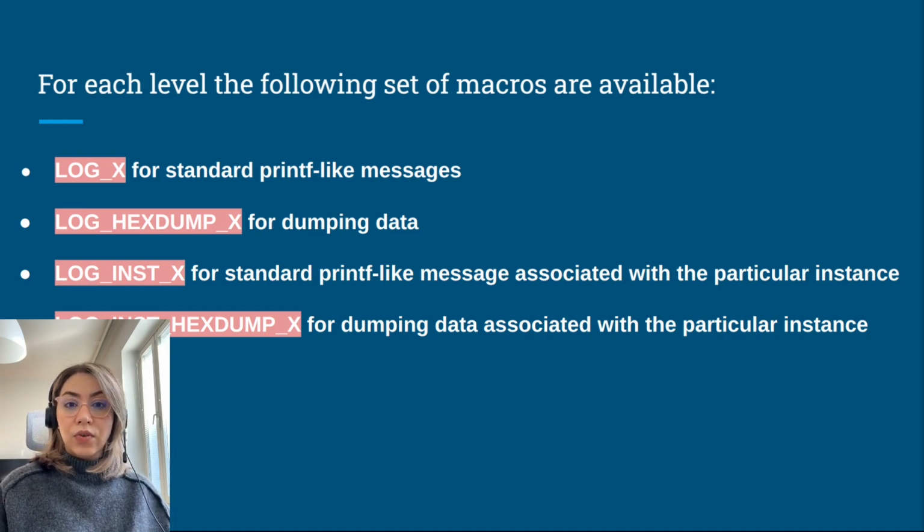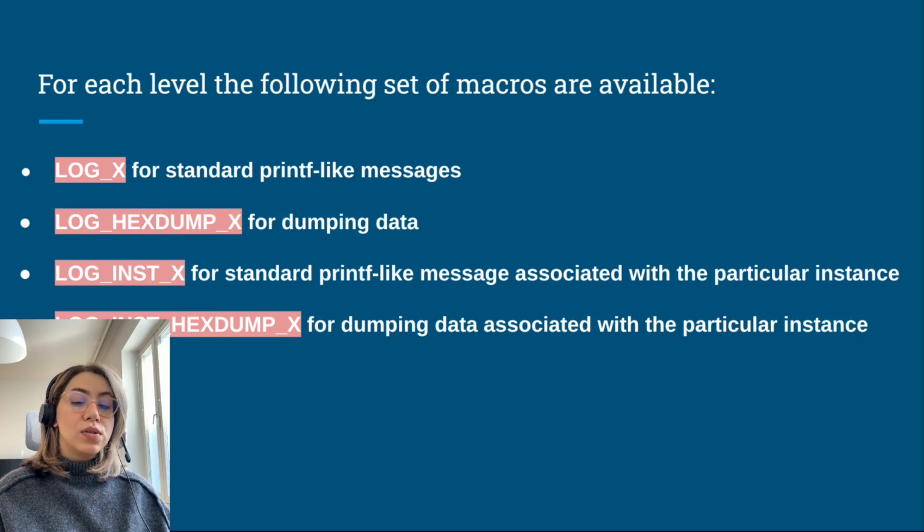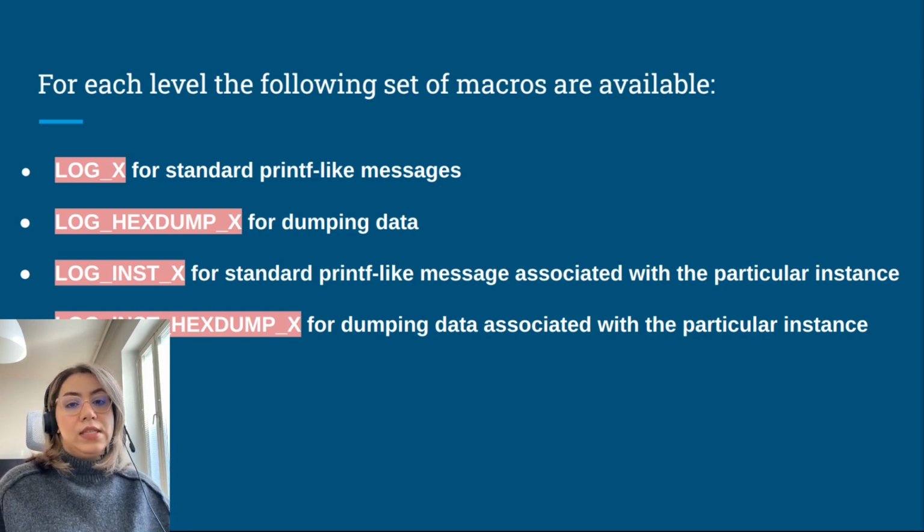For sending raw data through the log, we have LOG_HEXDUMP, and for sending messages associated with a particular instance, we have LOG_INST. Here I will show you how to use each of these macros.